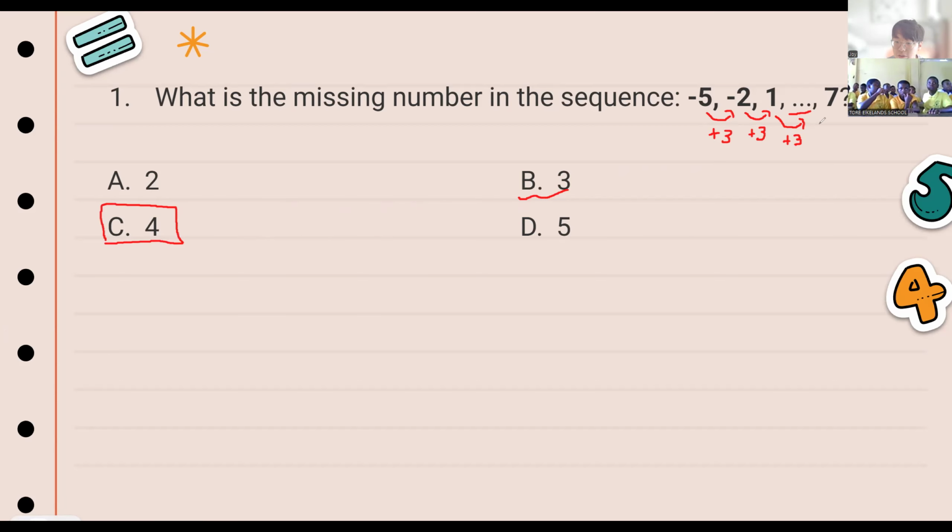Because if you add 3 each time, then -5, -2, 1, and then 1 plus 3 equals 4. So that's why the answer is C for this one.